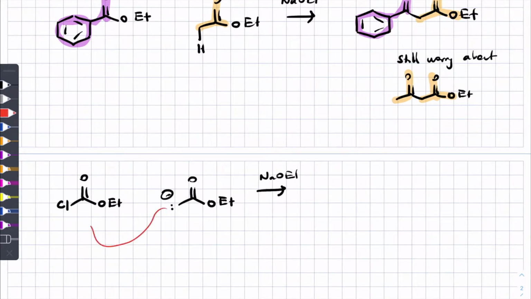You attack the carbonyl carbon to get a tetrahedral intermediate. You won't even need to worry about the self-Claisen product because this is so reactive that the enolate will preferentially react with the chloro partner versus itself.